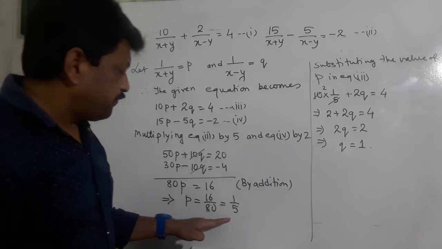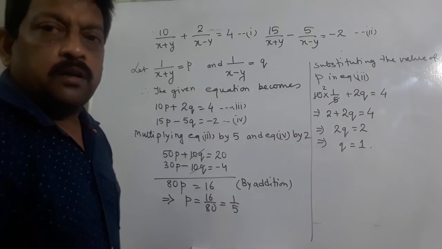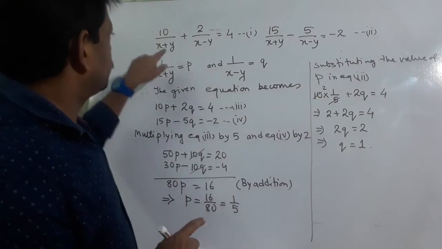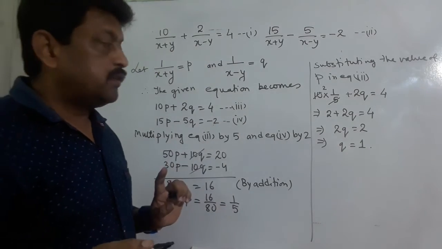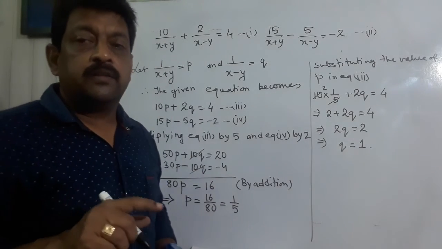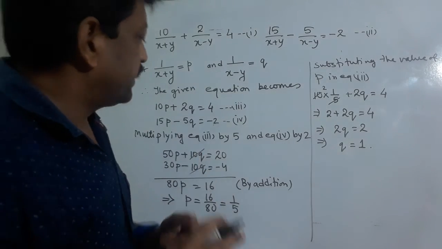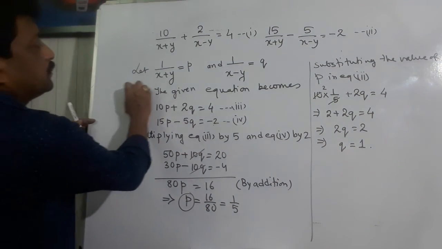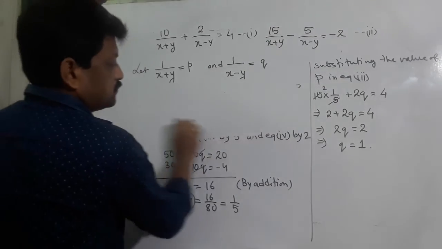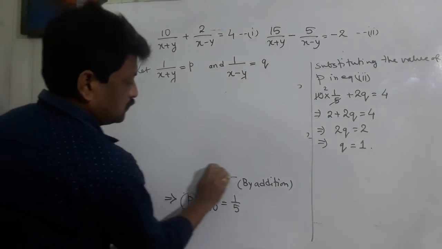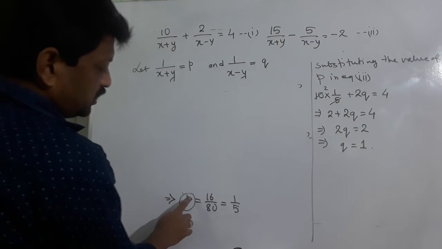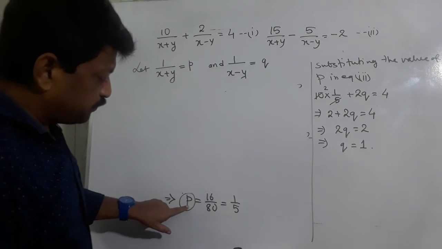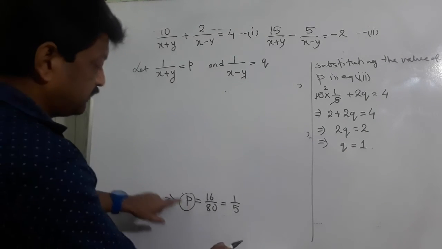So we have got the values of p and q both, but the question was not to find p and q, but to find the value of x and y. So we have to replace the values of p and q again to check what we are getting. What is p? p is actually 1 upon x plus y. So in place of p we can write 1 upon x plus y.